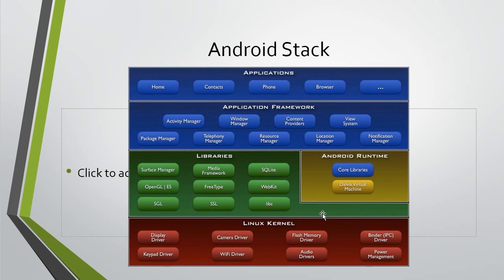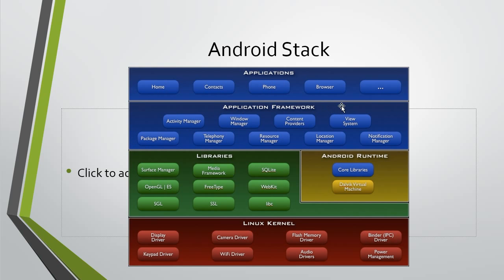Okay, so the Android runtime is right above as well. It's right inside, within, or maybe above the libraries. There are two very important things here: the core libraries and the Dalvik virtual machine. And we're going to talk about it in the next slide. Then there is the application framework, which is in fact your API version.